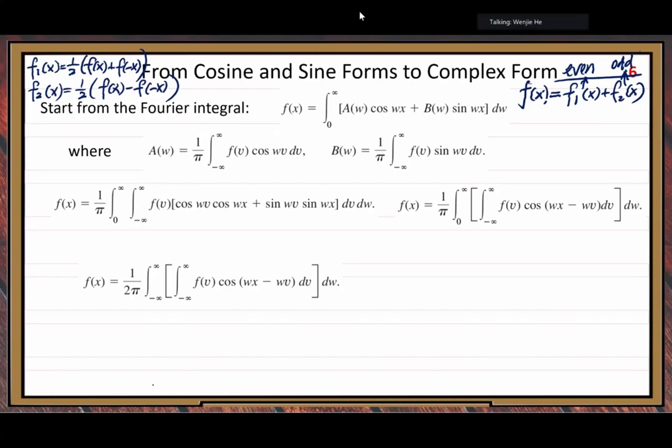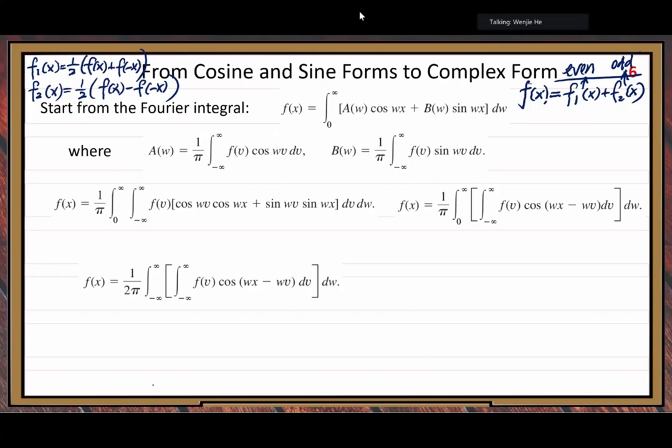In this way, after we double it, we can work on the whole axis: inner integral, outer integral, all on the full axis. So it is more symmetric, at least.